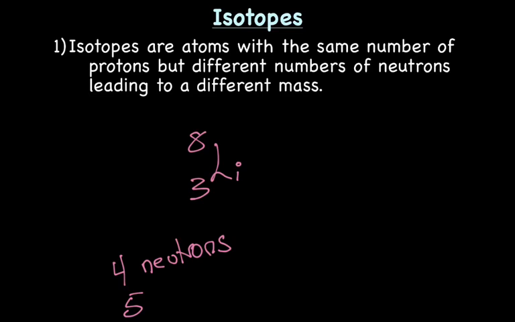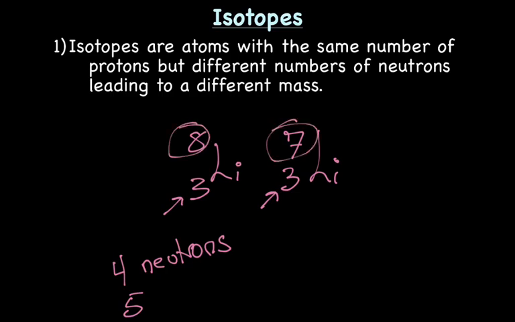So this lithium-7 (7,3Li) and the lithium-8 (8,3Li) are isotopes. They have the same number of protons, again, which makes them lithium, but a different atomic mass, which means they have a different number of neutrons. That's an isotope.